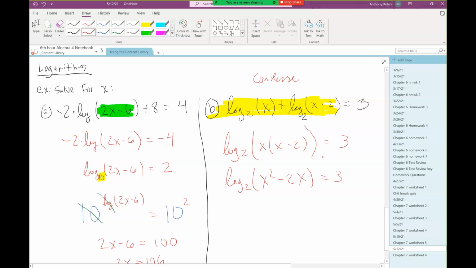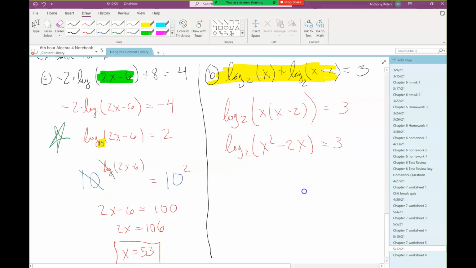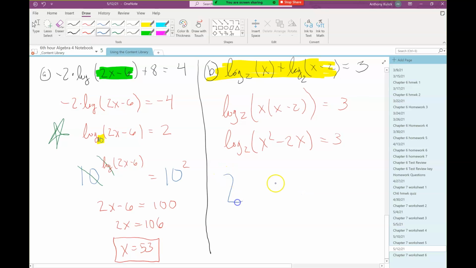And now this step is just like the previous problem, right? Because now we're down to one logarithm, just like we had before. So how are we going to cancel out this log base 2? An exponent base 2. Very good.